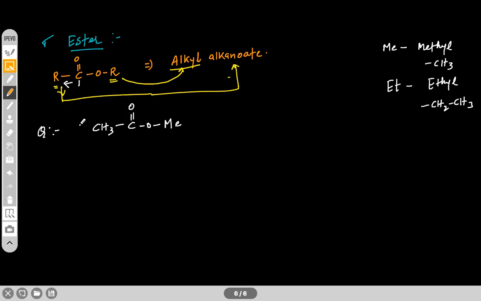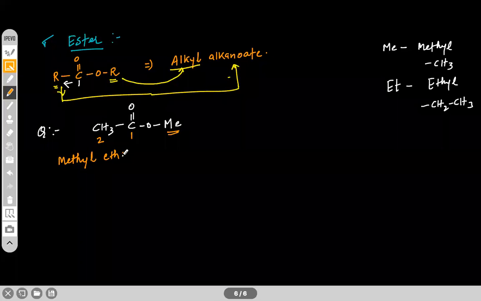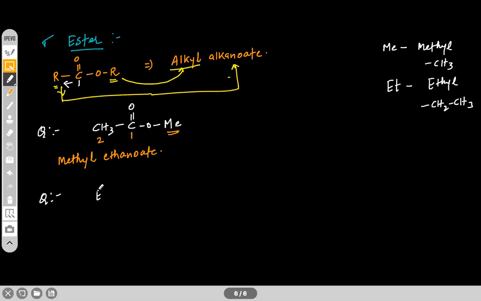Right, so we see first of all, the parent chain is this 1, 2, and this is attached with the oxygen. So with this we'll write alkyl. So this becomes methyl. And we have 2 carbon here. So methyl ethanoate. Do this one.